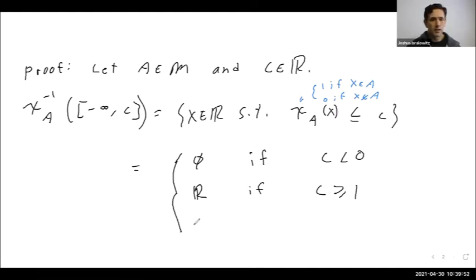Really not much to say otherwise. And last but not least, the only other case is that C is between 0 and strictly less than 1. If x is in A, then this is 1, and 1 is not less than or equal to C if C is less than 1.